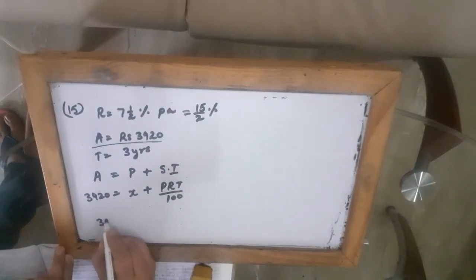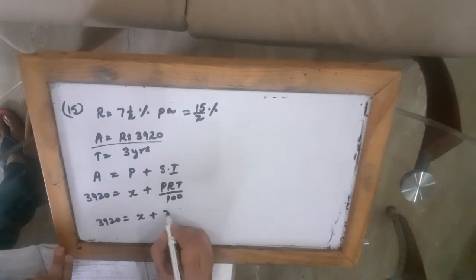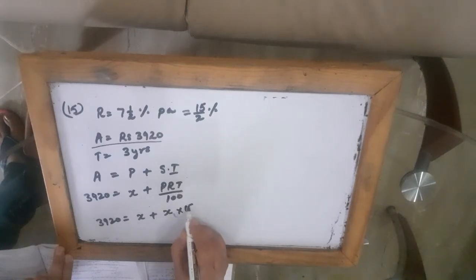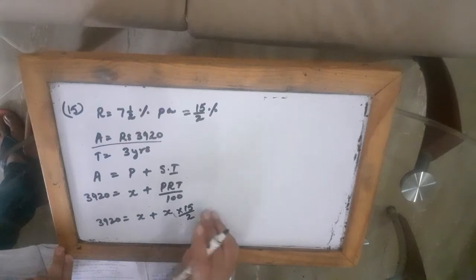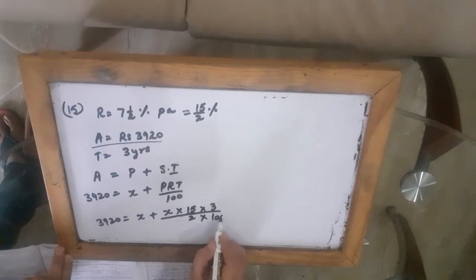So now let me solve this. x plus P is again x I have used. R is how much? It's 15 upon 2, and how much is time? It is 3, upon 100.